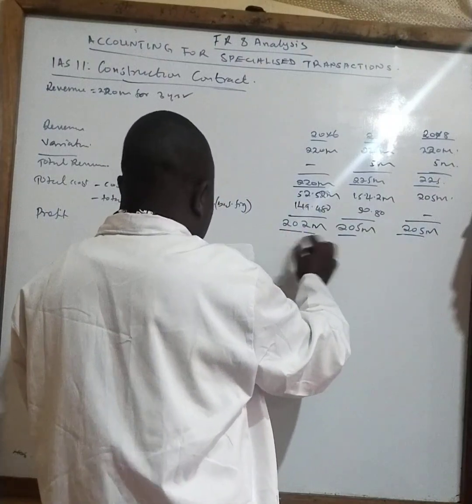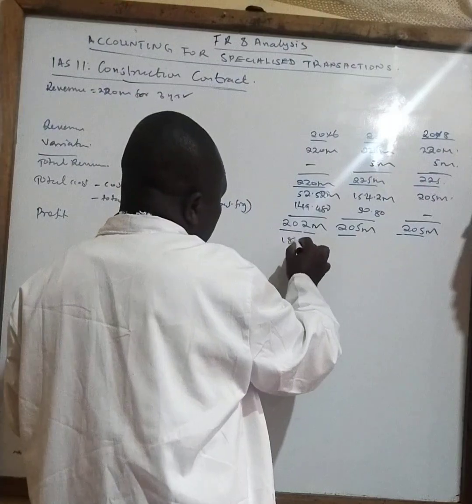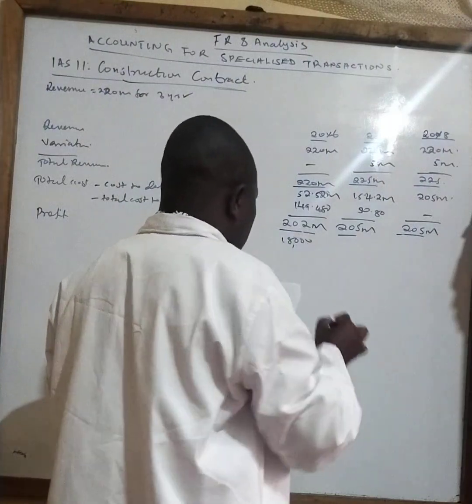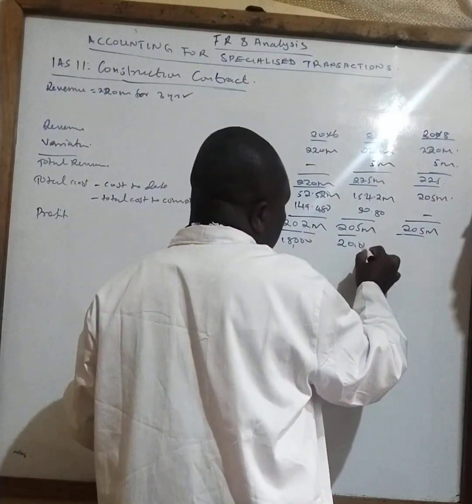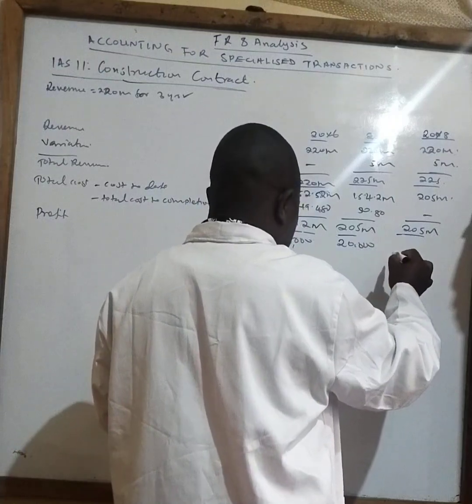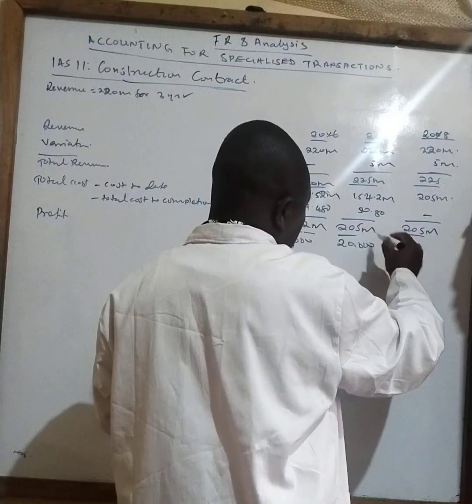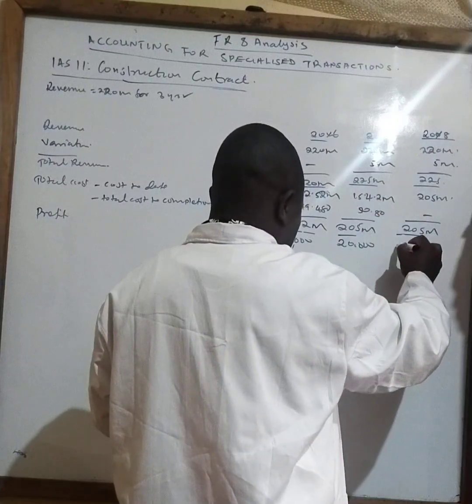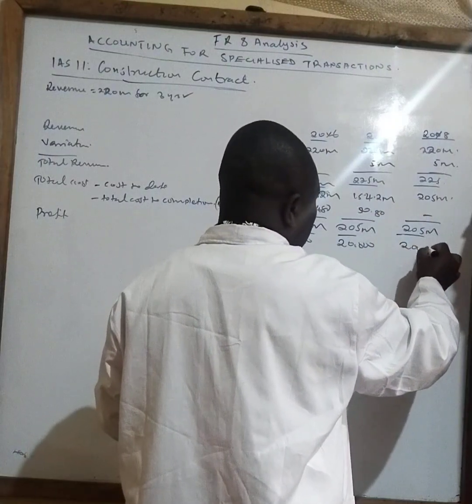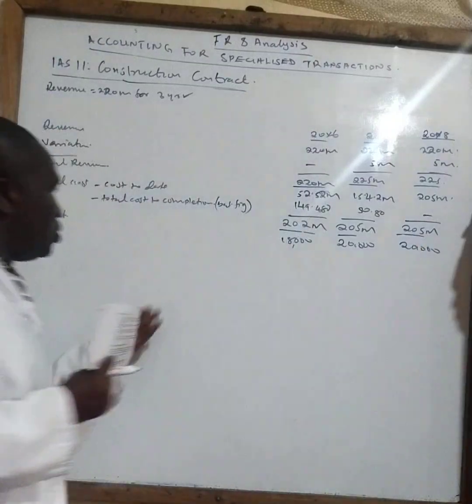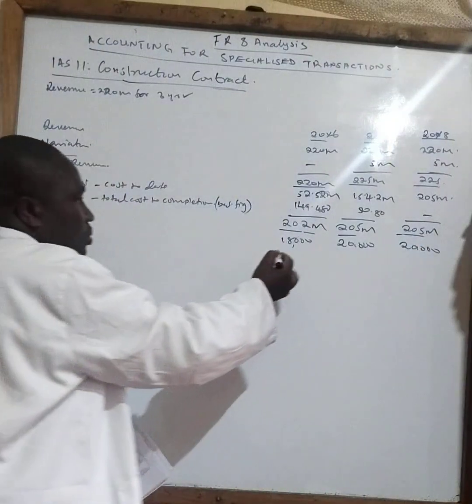I can convert into thousands, so here it will give you 18,000. Here 20,000. And this minus this will give you that 20,000. This one will give you 20,000. That is the profit now.